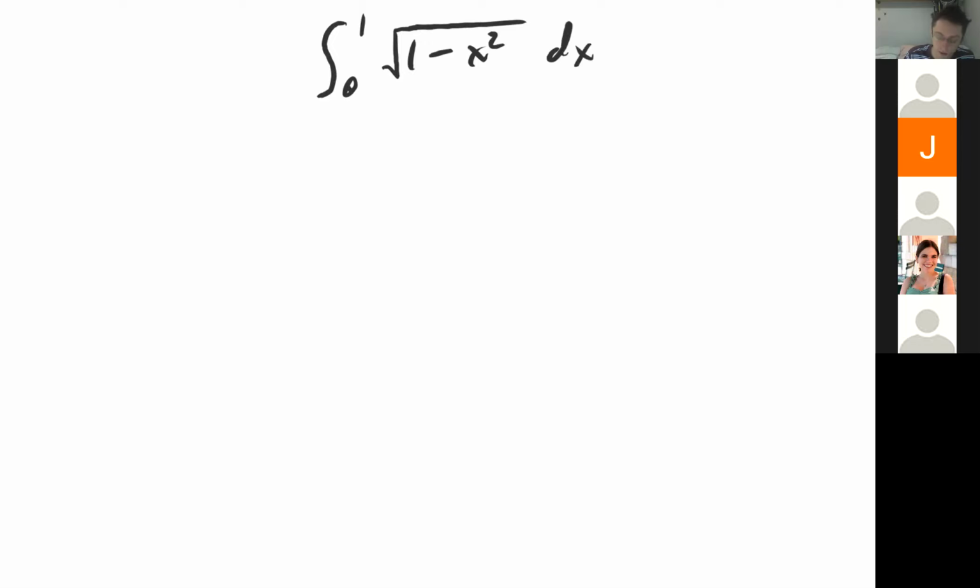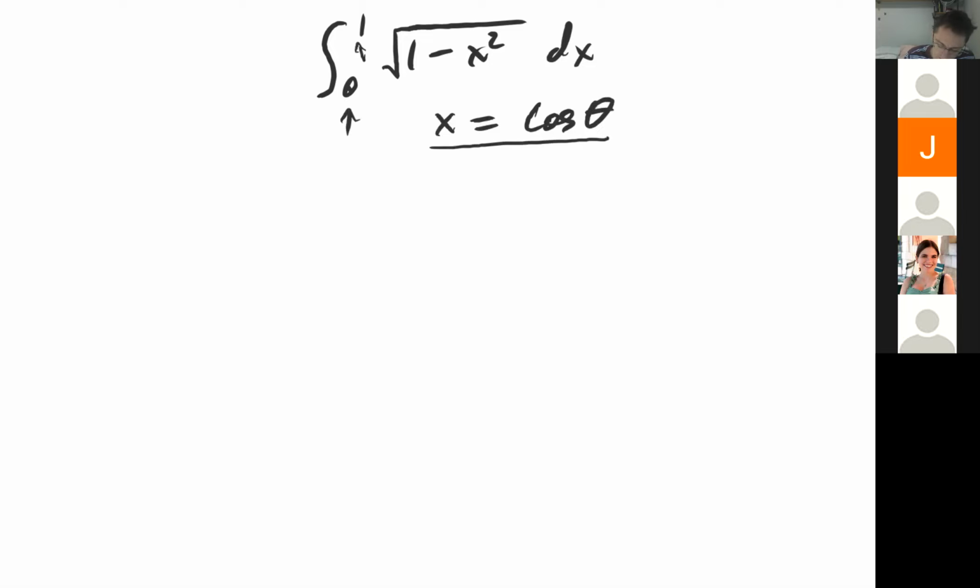So instead, what you're going to want to do is replace x with cosine of theta. And remember, if we're replacing x by cosine of theta, we know that x has to go from 0 to 1.